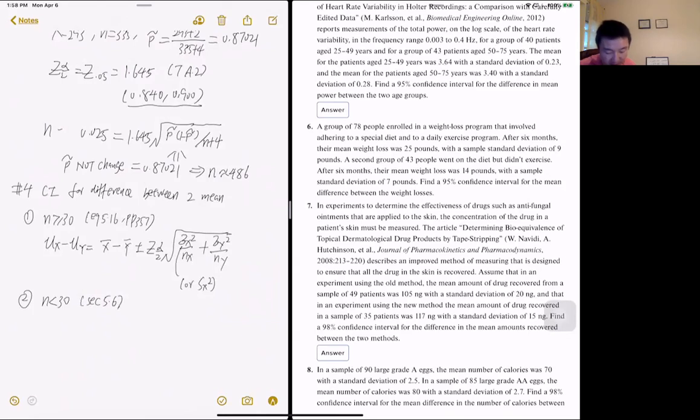Okay, so we have another set of equations. Instead of the z value, we use the t value.